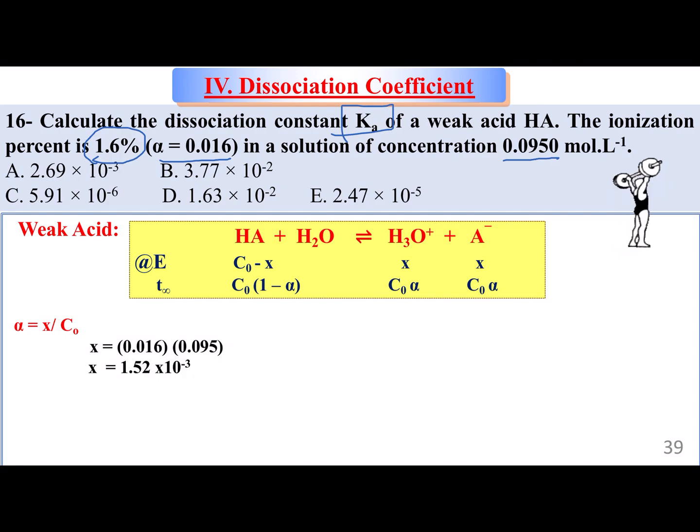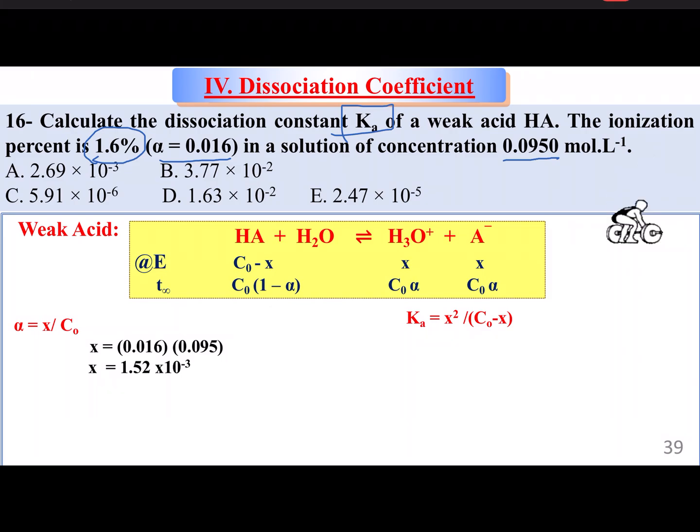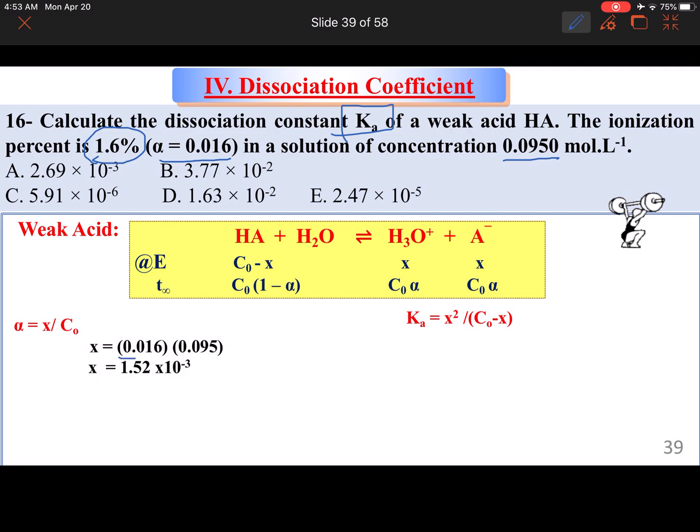Now, they gave me the alpha, 0.016. Well, we're not really used to working with alpha, so I could easily get my x, right? Alpha equals x divided by C, so my x is alpha times the concentration. We have alpha, we have the concentration, so alpha C is equal to x.